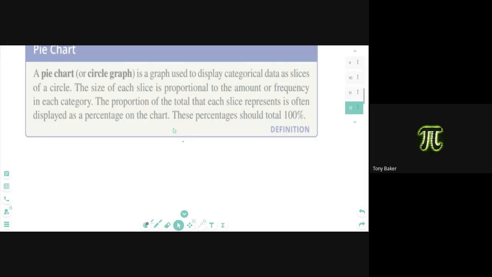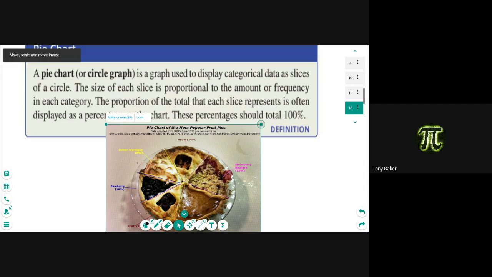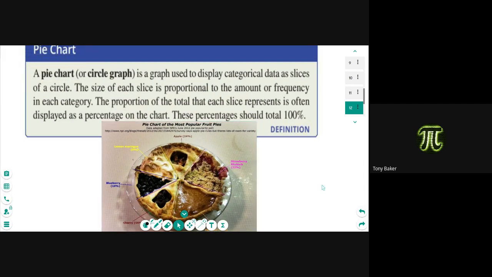It has to be made of pie. Yeah. So a pie chart has to be in percentages, and those percentages have to add up to 100%. You should not have a pie chart that doesn't add up to 100%.